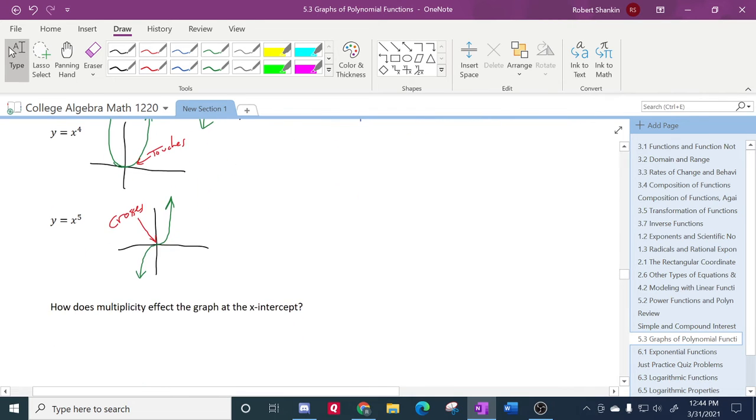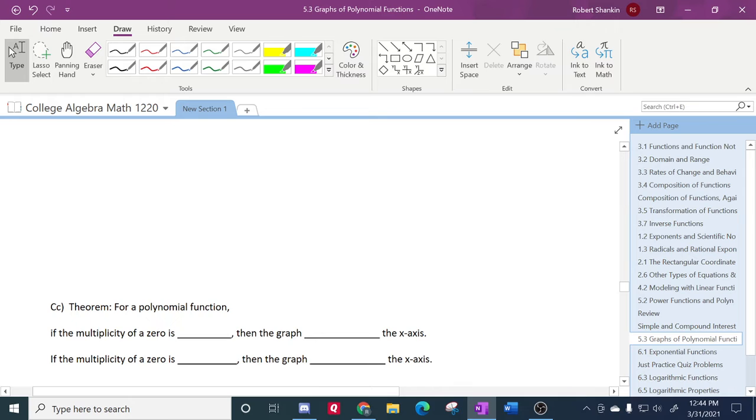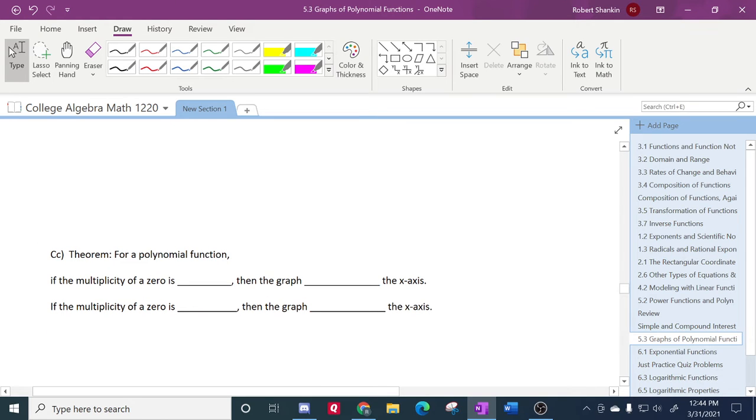All right. So, how does the multiplicity affect the graph at the x-intercept? Well, the answer to that question is this theorem. For a polynomial function, if the multiplicity of a 0 is blank, then the graph, and I'm going to start you out on this, the multiplicity is odd, then the graph does what?